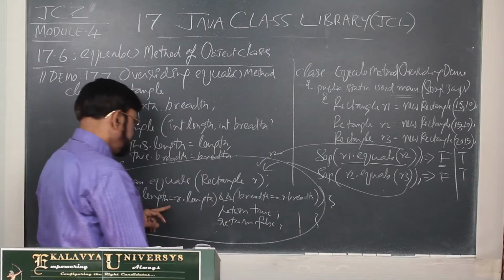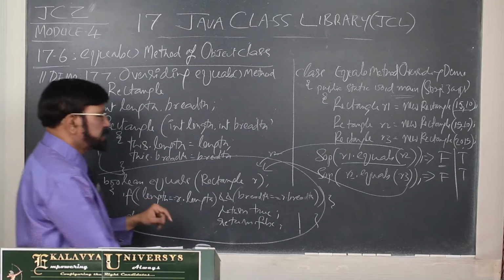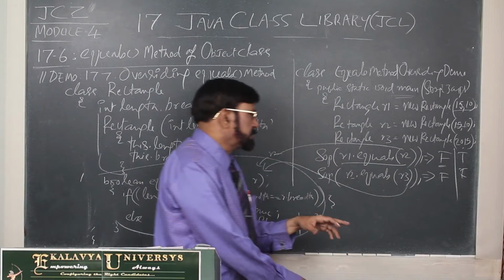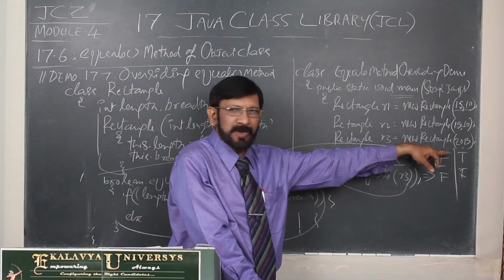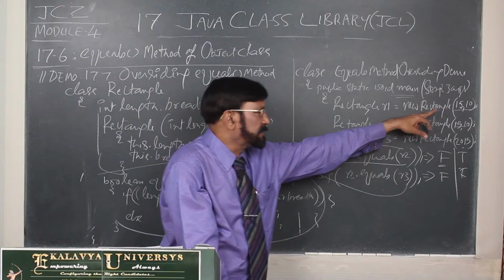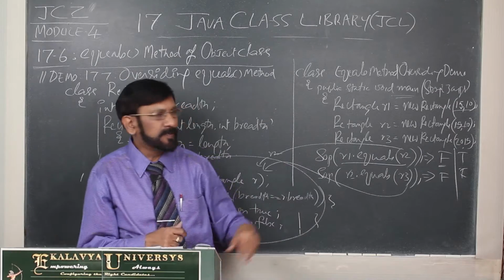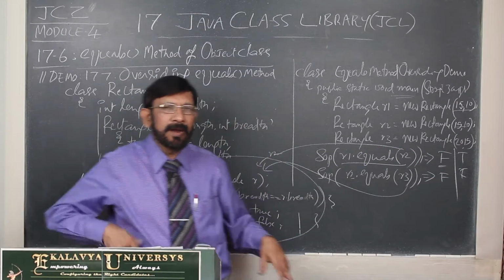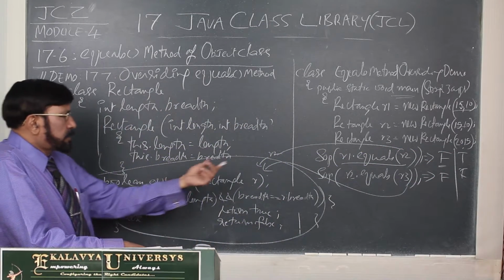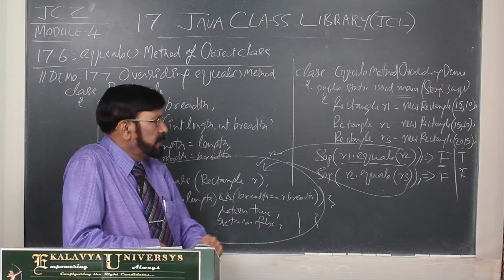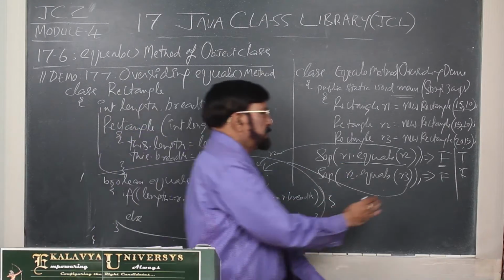Here I made a mistake. This is not true, this is false. Why is it false? Here the content is not equal. As far as R1 and R2 are concerned, the content is equal, so the result is true, and as far as R2 and R3 are concerned, the contents are not equal, that is why the result is false.